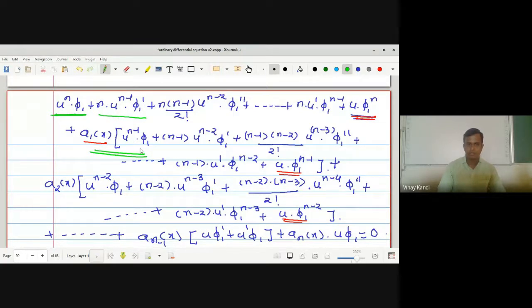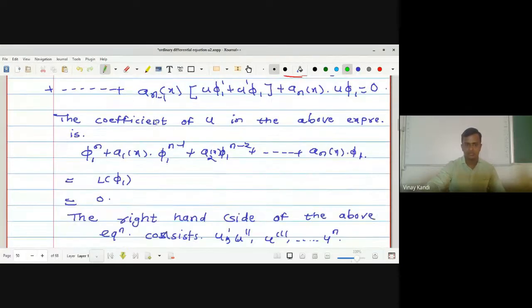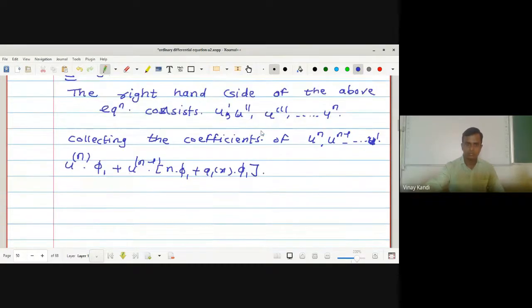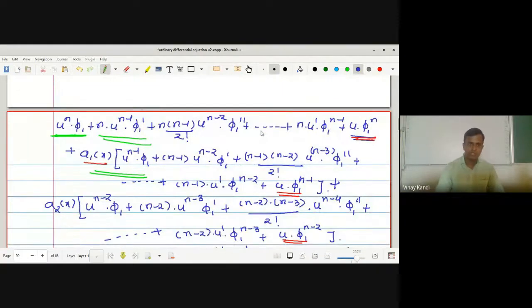Whose coefficient will come for u raised to n minus 1? Plus u raised to n minus 1th derivative into the bracket n into phi 1 plus a1 of x into phi 1. Any doubt? The coefficient of u raised to n minus 1 there is n into phi 1 dash plus a1 of x into phi 1 of x.